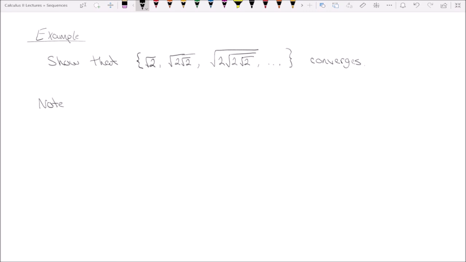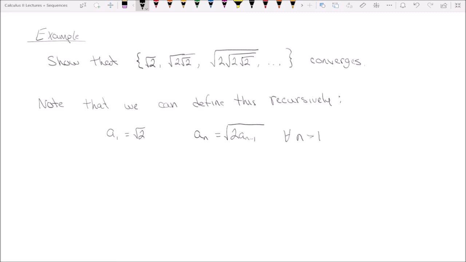First, we're going to note that we can define this recursively as such. Define a sub 1 to be the square root of 2, and a sub n is equal to the square root of 2 a sub n minus 1 for all n greater than 1.